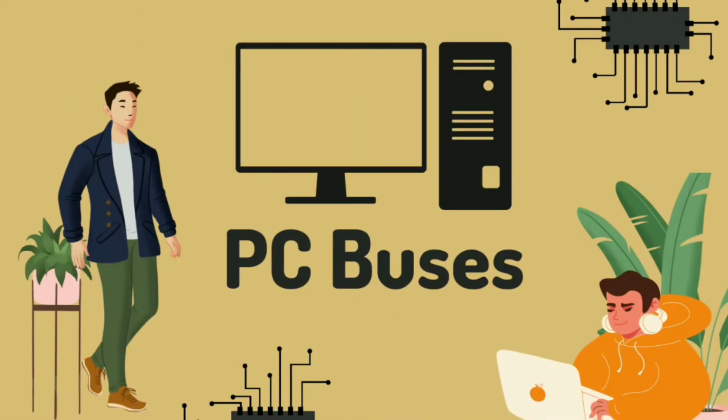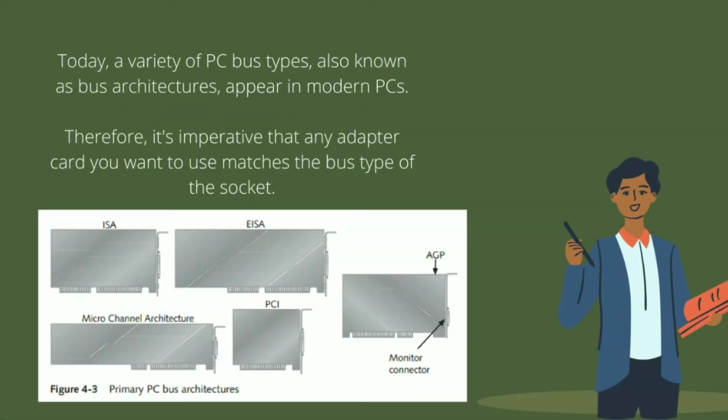Now, I'm going to discuss first about PC buses as my first topic. So, what is a PC bus? When PCs were introduced, only a single bus design existed, an 8-bit bus of limited speed and capability. But as technology evolved, other buses came along, and some have already left the scene.